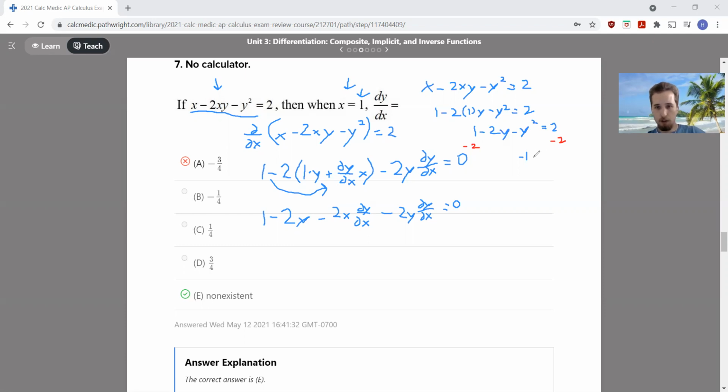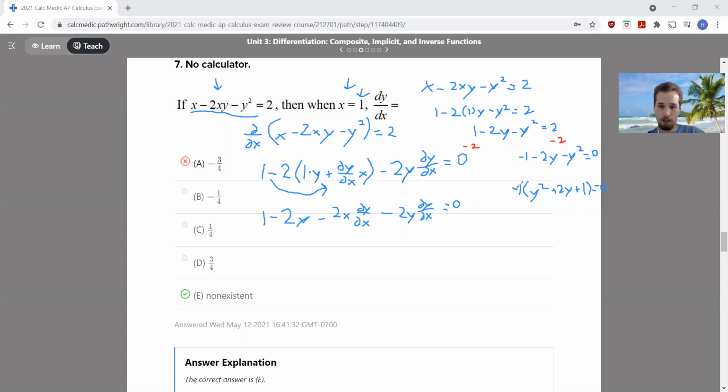So we get -1 minus 2y minus y squared equals 0. If we take the negative out, we get -1 times y squared plus 2y plus 1 equals 0.